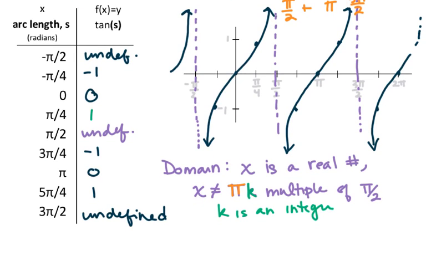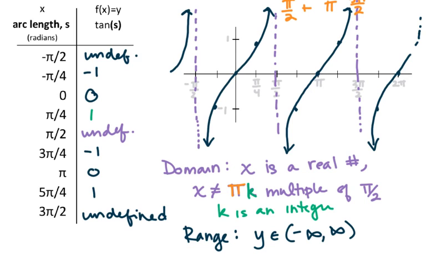And what is the range here? So range are the possible y values. And we say, well, does the graph go up and down forever? And it does. So my range, my output or y values, are the set of real numbers.